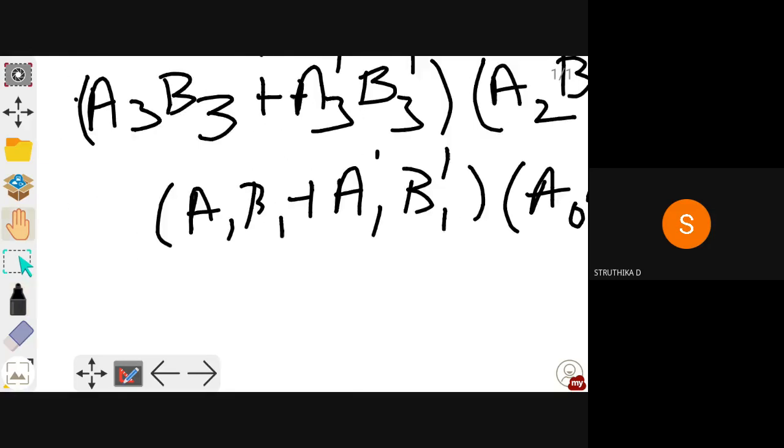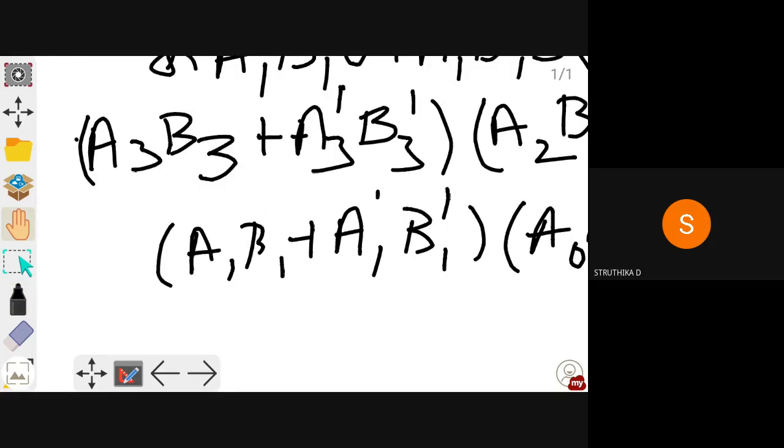So this is the condition for a is equal to b.